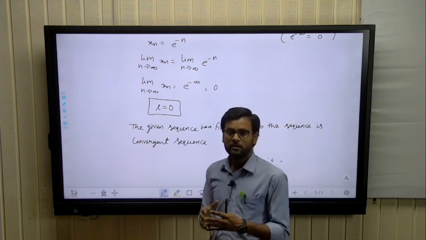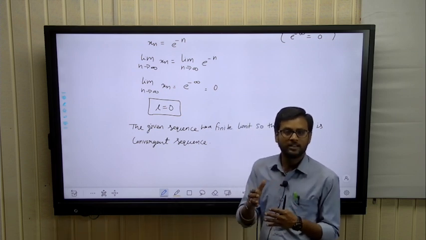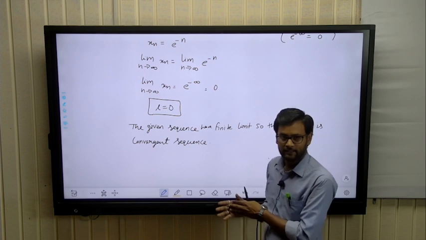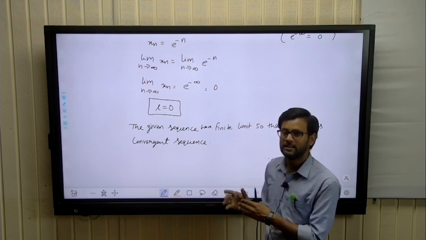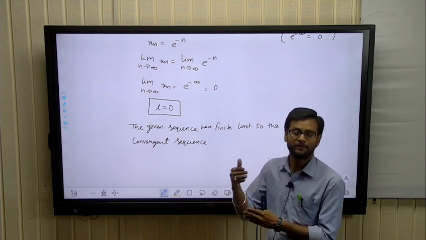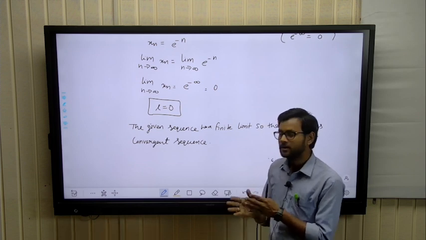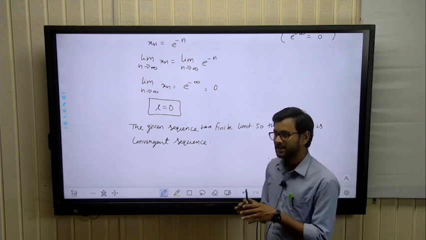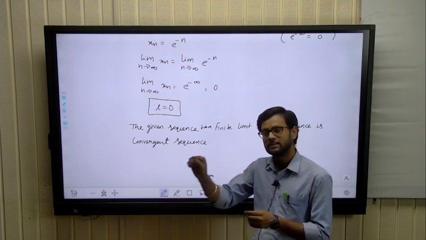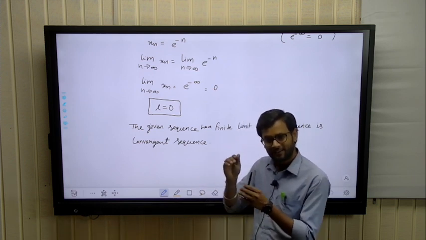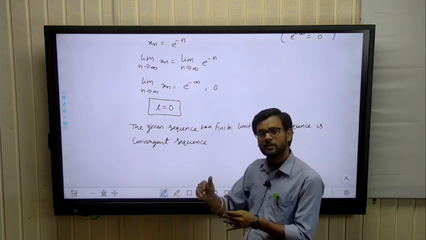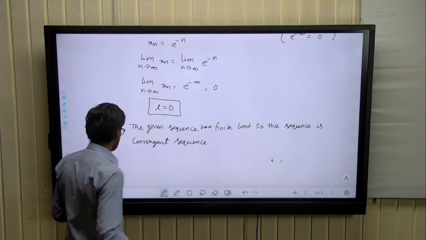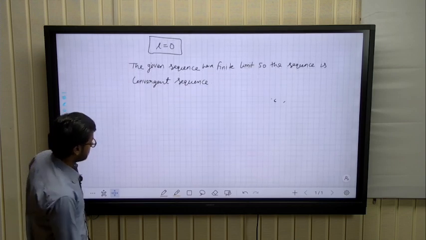When you find the limit of a sequence and the limit is infinite, then the sequence is called a divergent sequence. Convergent says that if the limit is finite, then the sequence is convergent, and divergent says that if the sequence has an infinite limit, then the sequence is divergent. Now we write the definition of the divergent sequence.